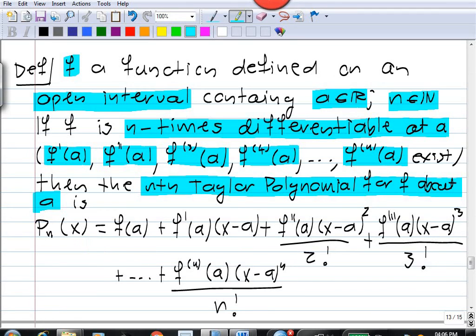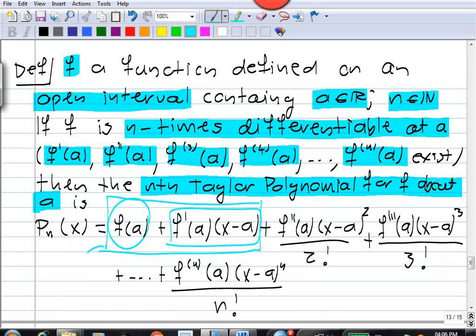So take a moment and look at this formula. We've got f of a here. Then we have the derivative of f at a times x minus a. So up to here, this bit here, we've just got the tangent line. Now if we look at our second degree term, now we're adding the second derivative of f at a over 2 factorial.